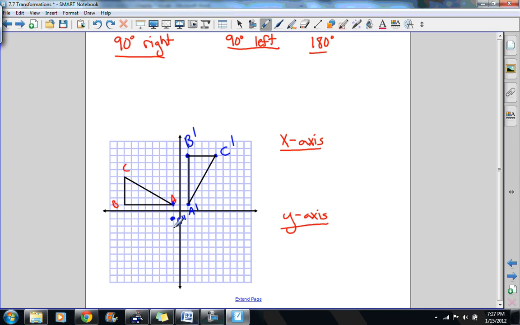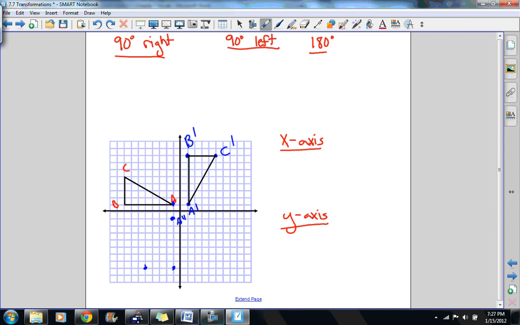B would be 7 down. 1, 2. I think I didn't go 1 enough. 2, 4, 6. Yeah, I missed by 1. Alrighty. Here it is. And C would be 4 over from there.